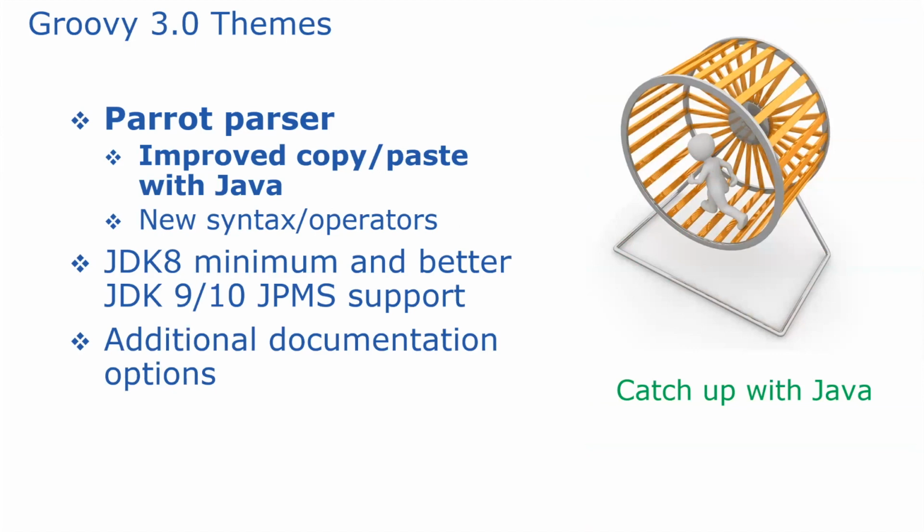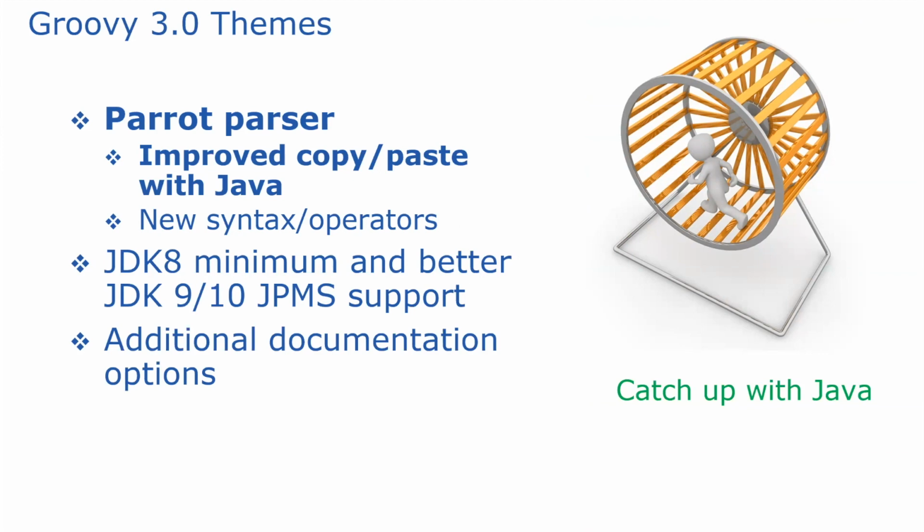Part of what we've done is catch up with Java again. So there were certain bits and pieces, things like lambda expressions. The old Antlr 2 parser would have struggled to support all that new syntax. The new parser makes it relatively easy for us to do that, so we can catch up with all of that, as well as do some new stuff.